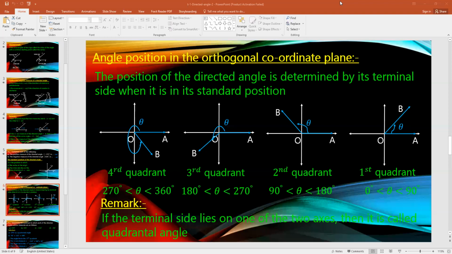If the terminal side lies in the fourth quadrant, then its measure is more than 270 and less than 360. Here, by positive or negative, what is the initial side? From the initial side, if the direction of rotation is anti-clockwise, then this angle will be positive.